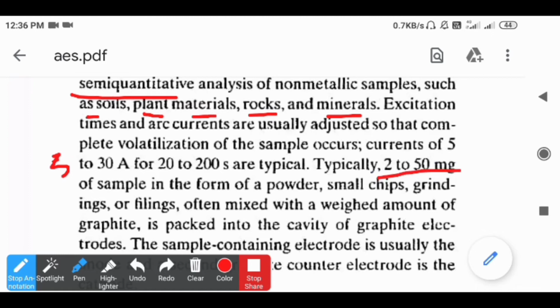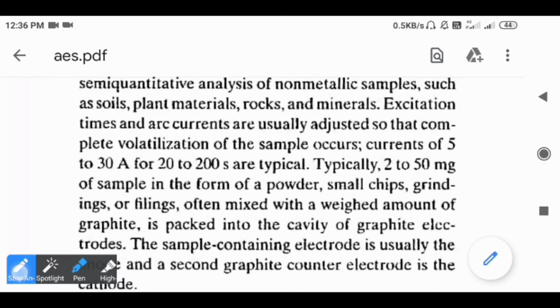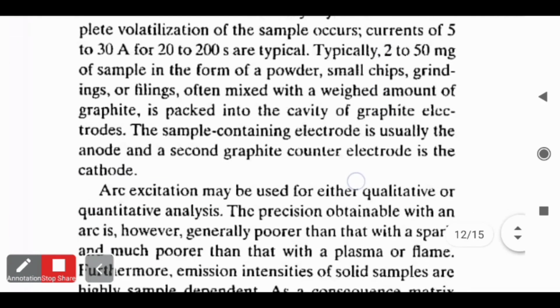And we have seen that for non-metallic sample estimation, we generally carry out various processes, like making use of powder form or small chips, grinding or filings methods, or often all these techniques are used so that the sample is first formed.